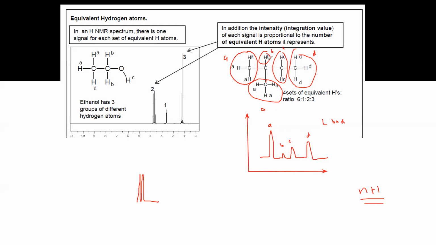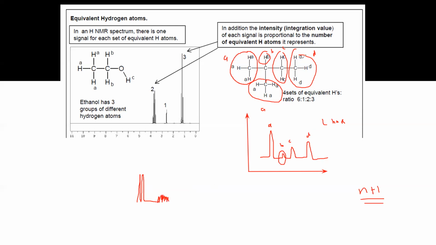For environment B, how many neighbor hydrogens? 2 plus 3 plus 3. So 2 plus 3 is 5, plus 3 is 8. So it will split into 9 peaks, but not with the same height. B's intensity is only 1, and it will split into 9 peaks.